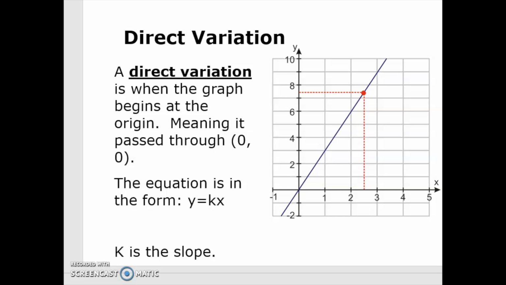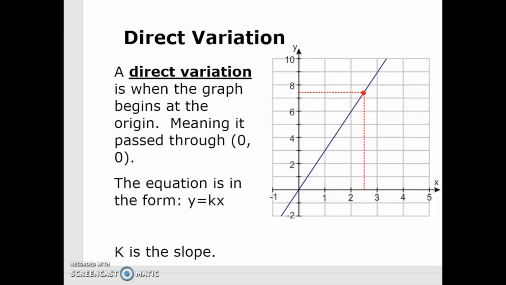But if I go with my husband, then I'm going to pay for two tickets and it'll be a different price. And if I take my whole family, if all 5 of us go, I'm going to have to buy 5 tickets and the price is going to be even higher. So the price to go to the movies directly varies. It changes directly based on how many people I'm bringing.